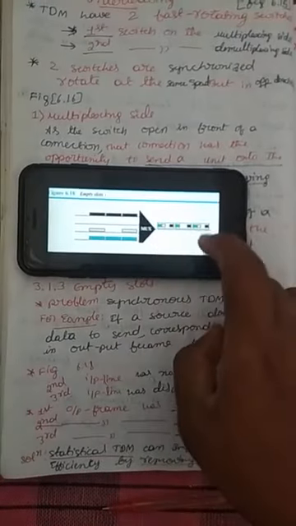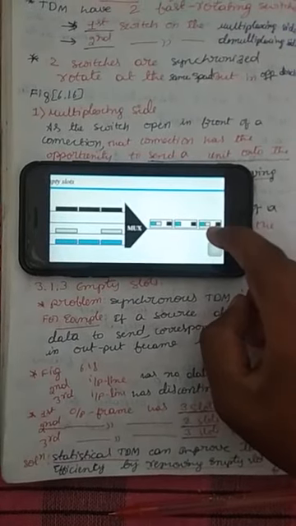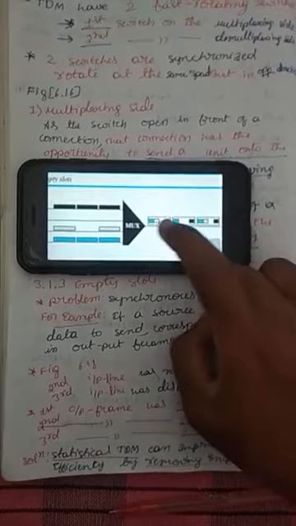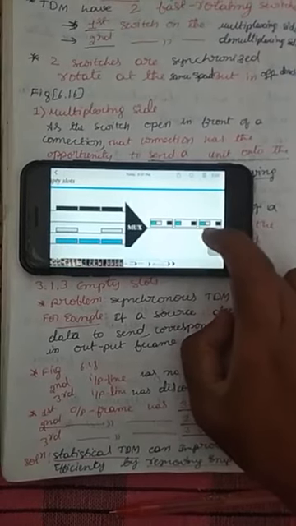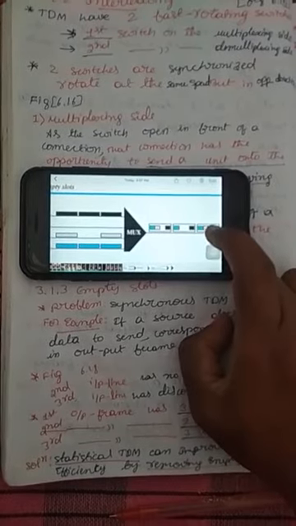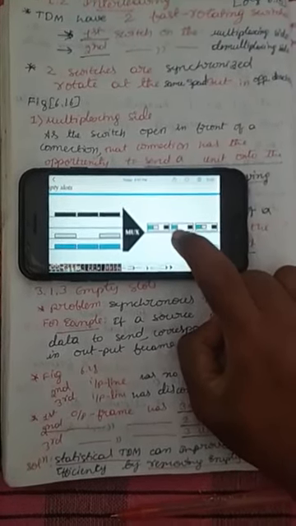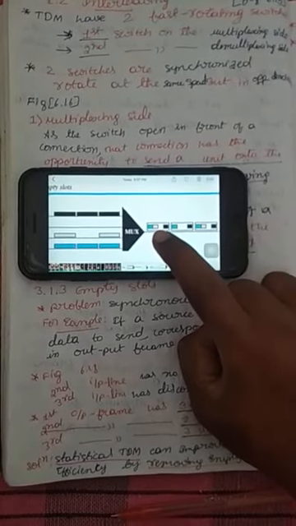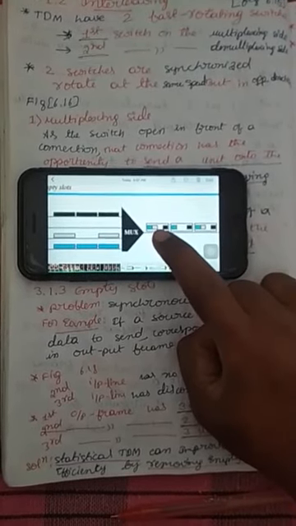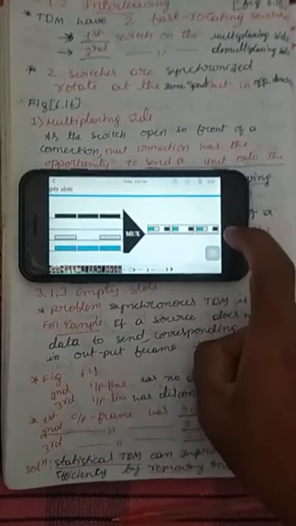So here you can observe that this is one frame, this is the second frame, this is the third frame. In the first frame one slot is empty, in the second frame 2 slots are empty, in the third frame 1 slot is empty. Why empty? Because data would be occupied here.